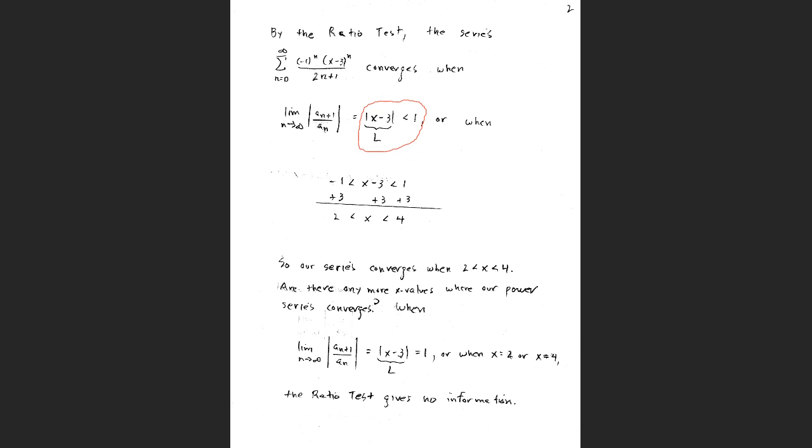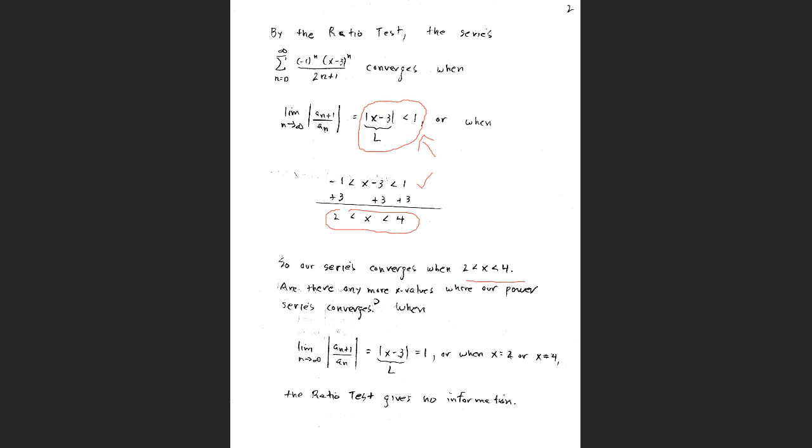If the absolute value of x - 3 is less than 1, that means x - 3 is greater than -1 and less than 1. We add 3 everywhere, and so x is between 2 and 4. This means our series converges when x is between 2 and 4.